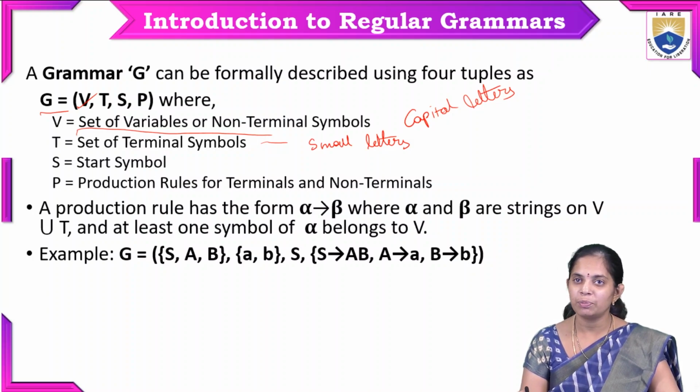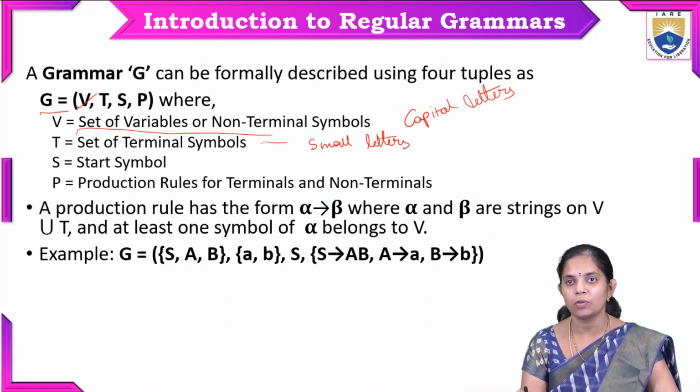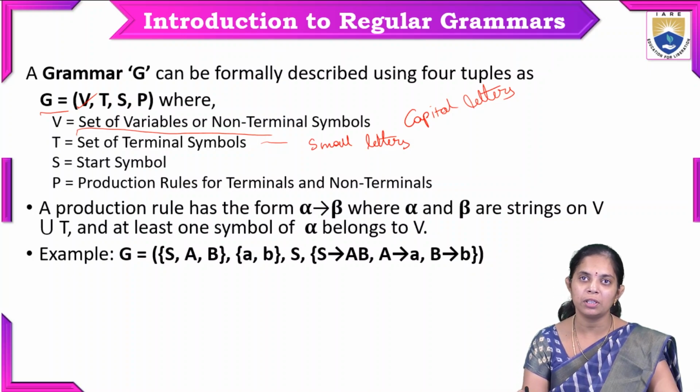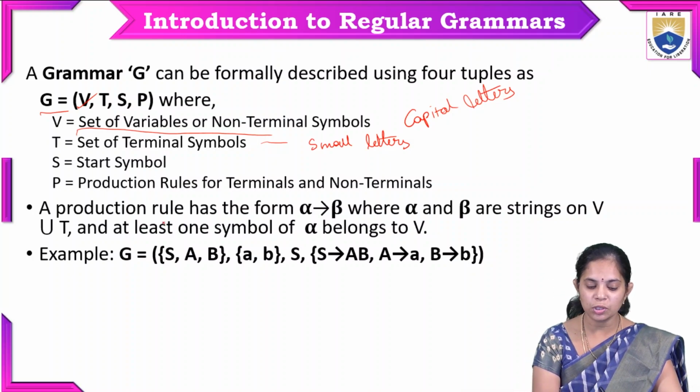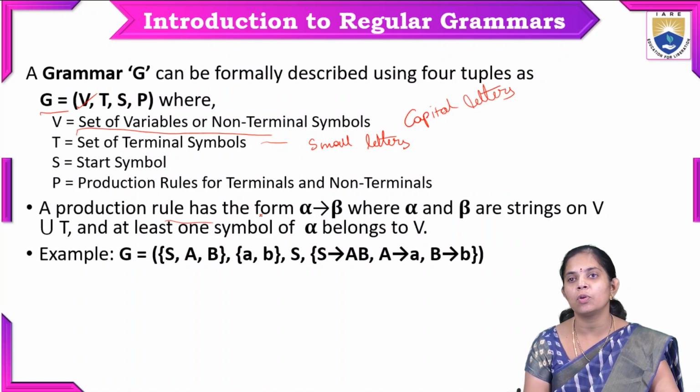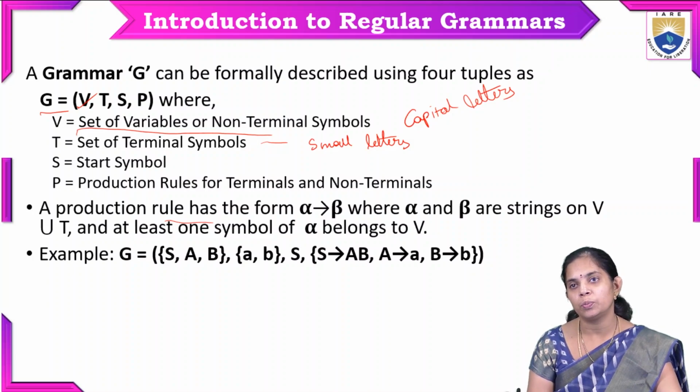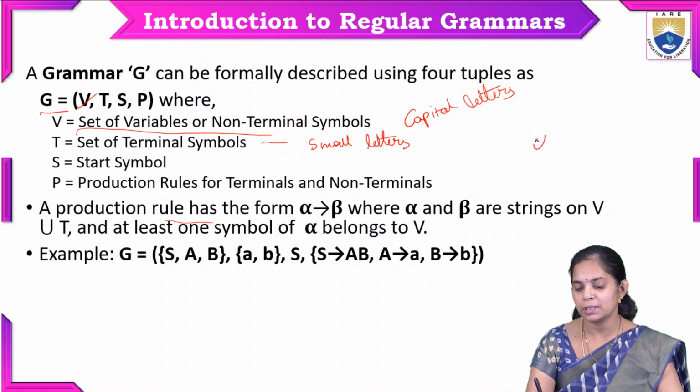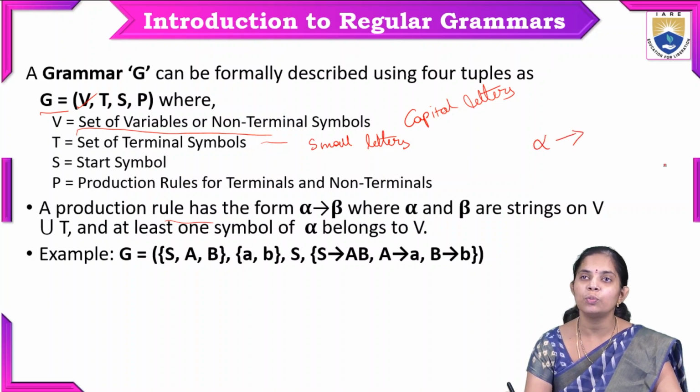Type 3 grammars have only a single non-terminal on the left hand side, and the right hand side is a combination of terminal and non-terminal. The production rule is of the form alpha tends to beta.